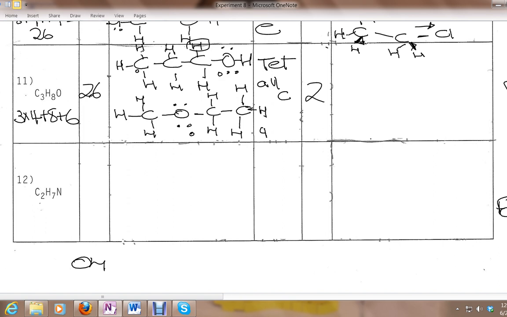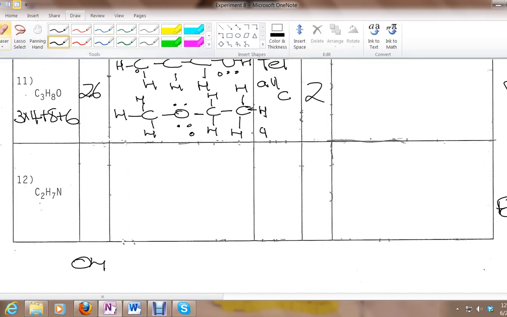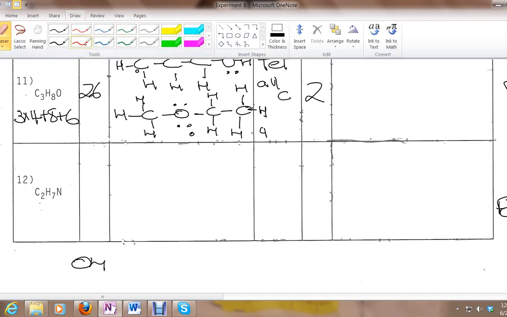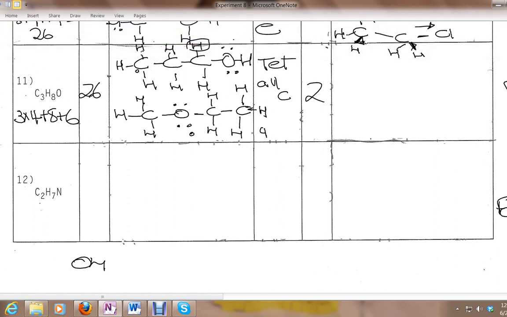Now, if you look at this for a second, are all the domains identical? No. Here you have hydrogen and carbon, which is the same, but then you have an O here, an OH. So yes, it is polar. This is a polar molecule. So an alcohol is a polar molecule.